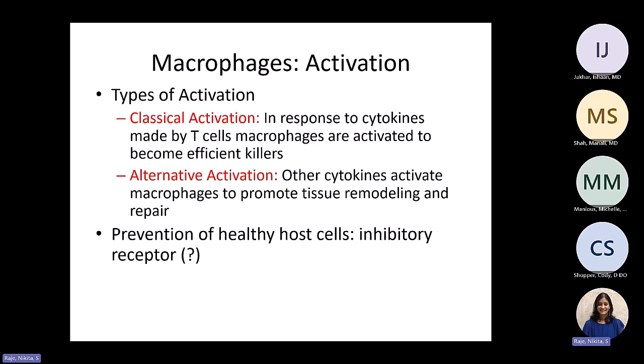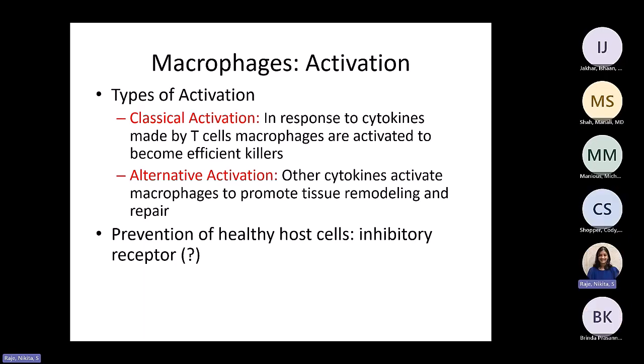Now remember, macrophages are going to eat anything that they come across, because these are sentinel cells in the tissue, just engulfing things that they come across. So why do they not just eat away host cells? It's important to remember that there is a "don't eat me" signal present on the host cells that prevents them from being eaten up by the macrophages.